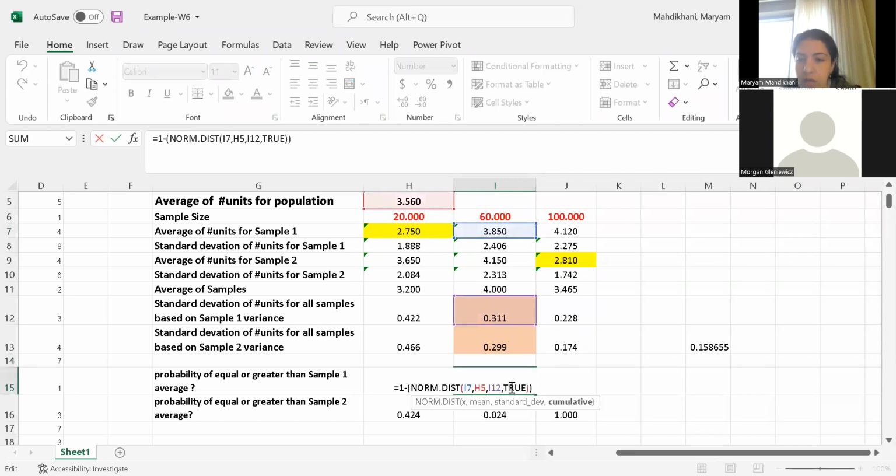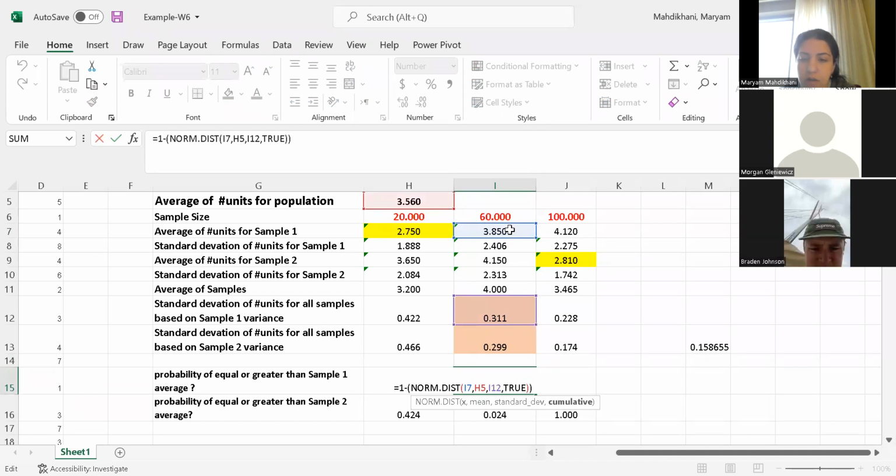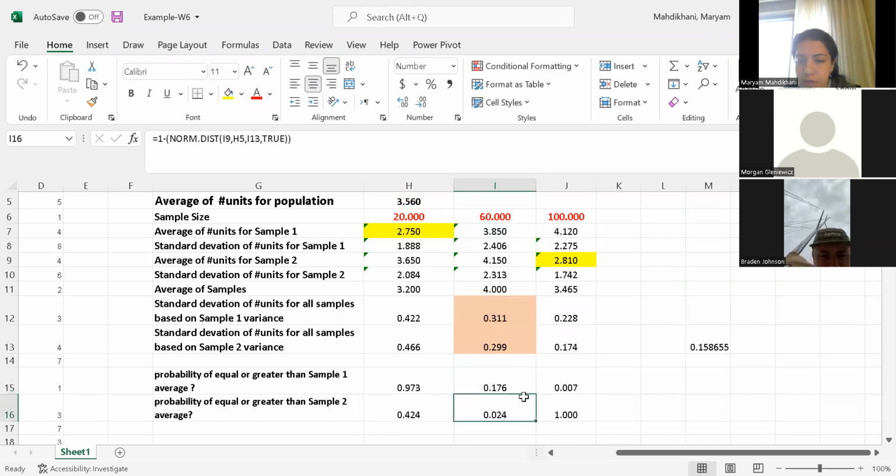So I would say 1 minus NORM.DIST of X, which is 3.85, comma, the average 3.56, comma, the standard deviation that I calculated, 0.311, and choose the cumulative, or true, and close the parentheses. So there is a 17.6% chance that any sample that I'm taking has the average of 3.85 or higher than that.